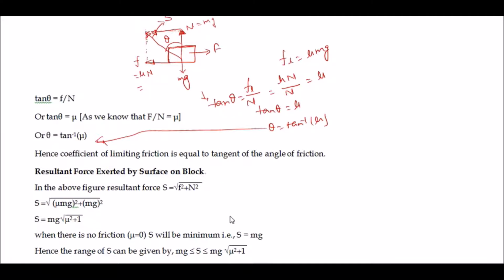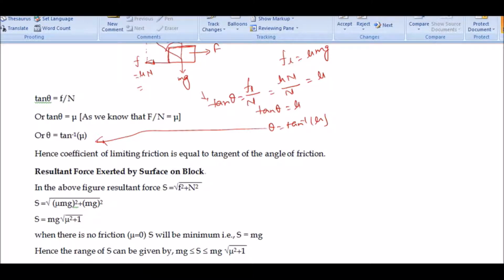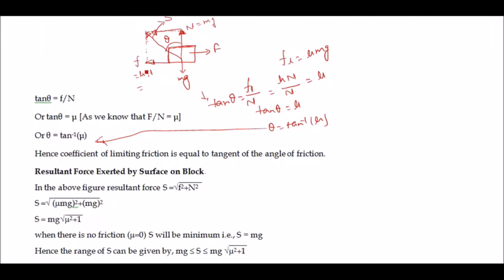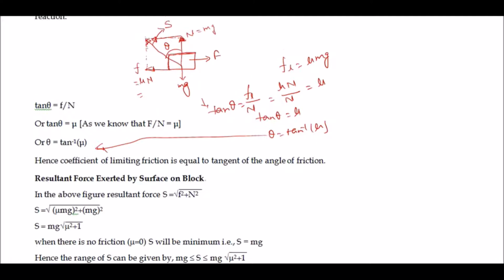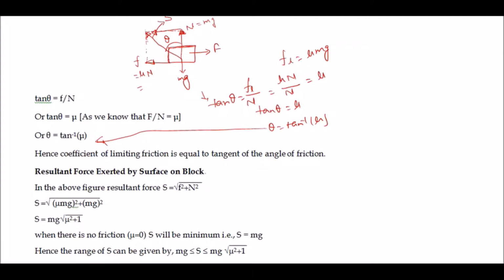Now we will calculate the resultant force exerted by the surface on the block. The resultant force is given by S here, and from this figure S is the vector sum of frictional force and normal force. So S is equal to square root of F square plus N square. The value of N is mg, F is mu mg. If we square and add, we get S equal to mg square root of mu square plus 1.